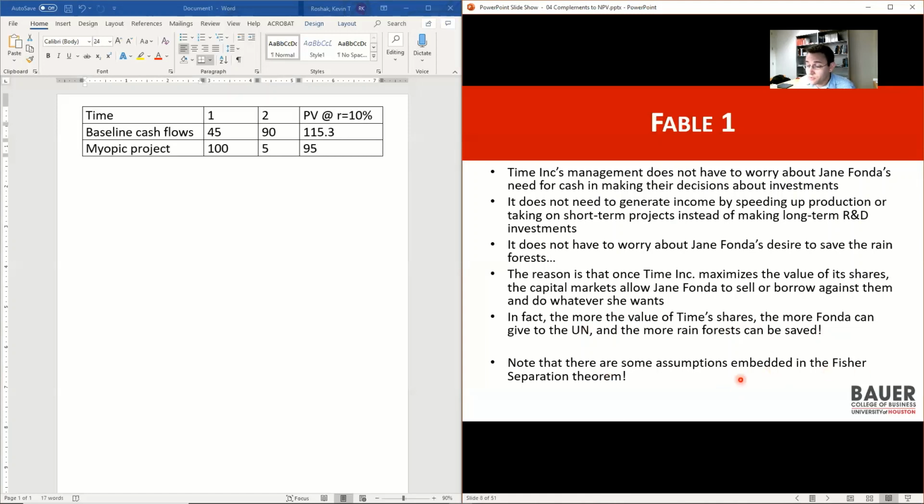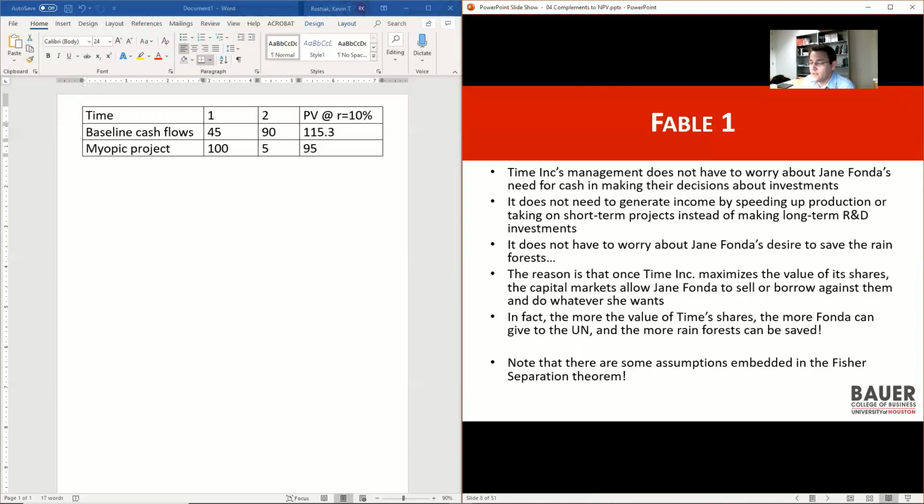Now we said there's some assumptions here. What had to be true for this to work? We said that the capital markets have to be working pretty well. So you have to be able to sell shares at a fair price or get a loan at a fair price, or your investors have to be able to do that. As long as that's true, then all you have to do as a CFO is maximize firm value.